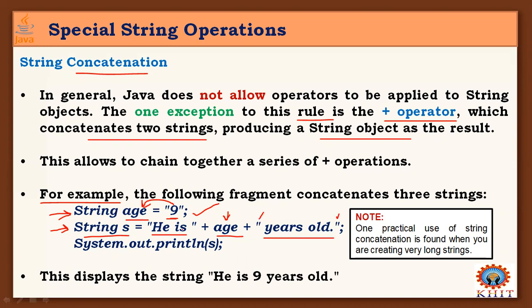So here two string literals are concatenated with one string object, and the resulting string is loaded into the string object called s. Simply when we display this string object, it displays like this: He is 9 years old.